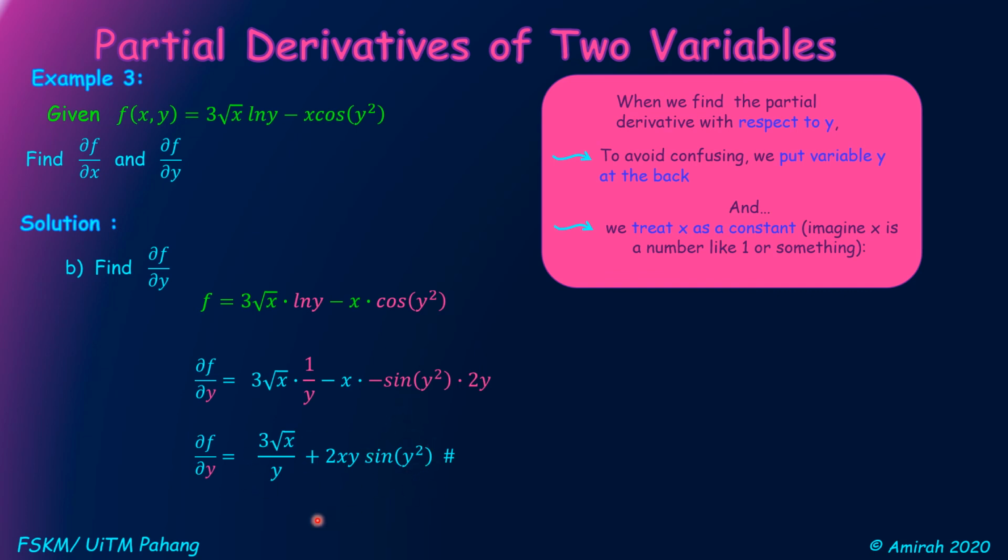This is the final answer for del f over del y, which equals 3 sec x over y plus 2xy sin y squared. Alright? If we compare with the previous slide, when we found del f over del x, the answers are different.